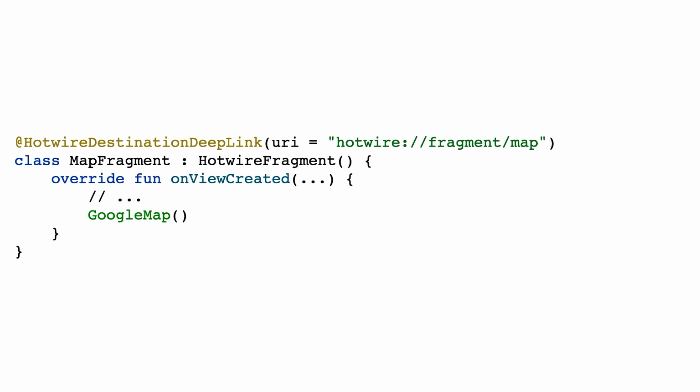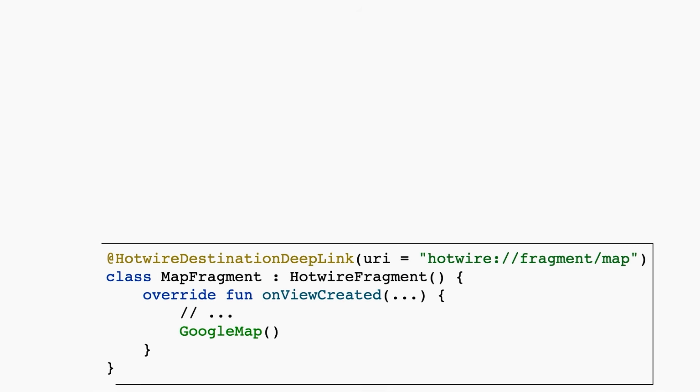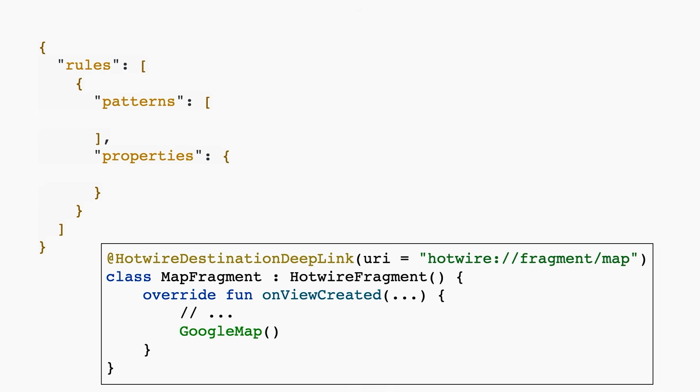This ID we'll use on the server. So this is a JSON response on our server that sets the path configuration for our apps. It's a way to remotely configure the behavior of our iOS and Android apps dynamically. So it takes an array of rules where we match URL patterns, URL paths, to properties.